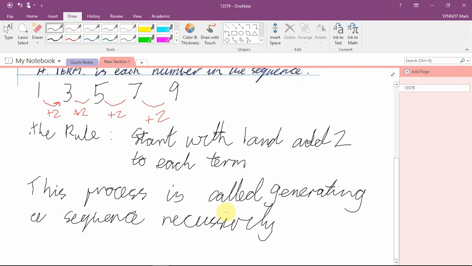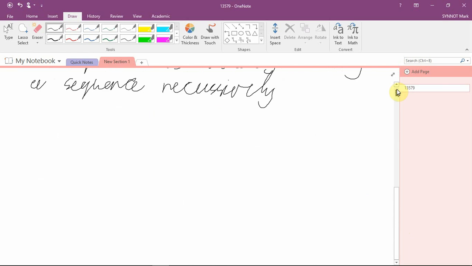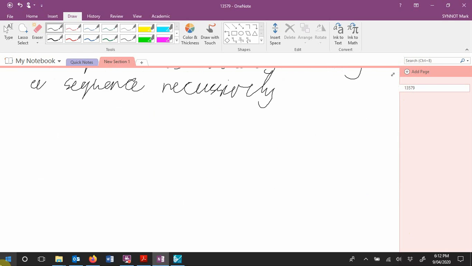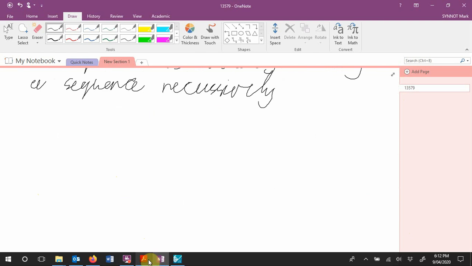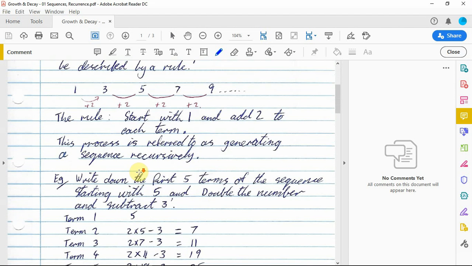All right, so it's to sequence recursively, because to get the next one, you move on to the next one. I need to take the one I've got and add, in this case, add 2 to get through to the next one. So that's called recursive when you do that. So to get each sequence, you've got to go from one term to the next. All right, so let's have a look at an example.